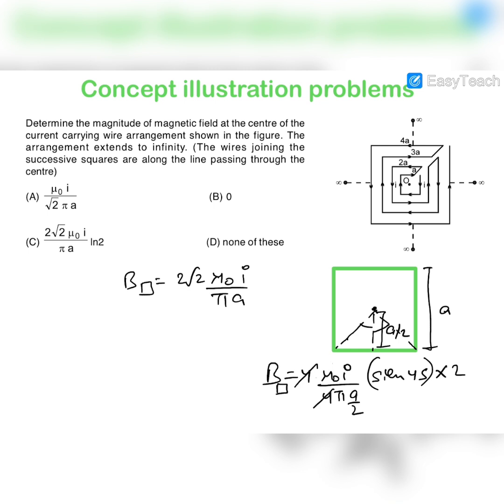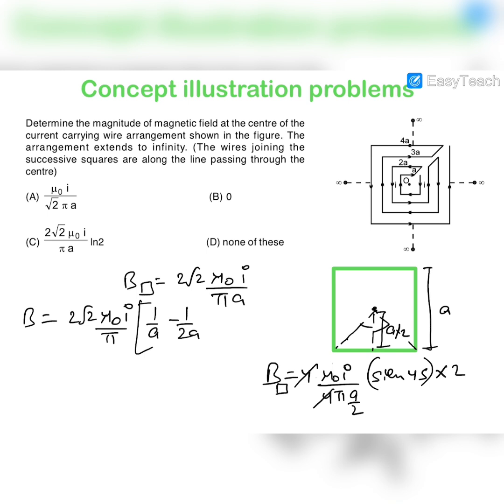Now there are multiple squares carrying current in alternately opposite directions, so the magnetic fields due to them will be alternately in opposite directions, and the side of each square is different. The side of the smallest square is A, the bigger square is 2A, then 3A, then 4A, and so on. So B net will be equal to 2 root 2 mu naught I upon pi times 1 by A minus 1 by 2A.